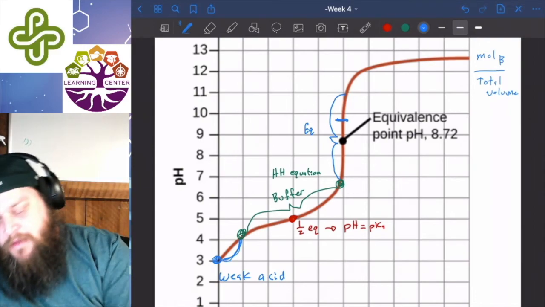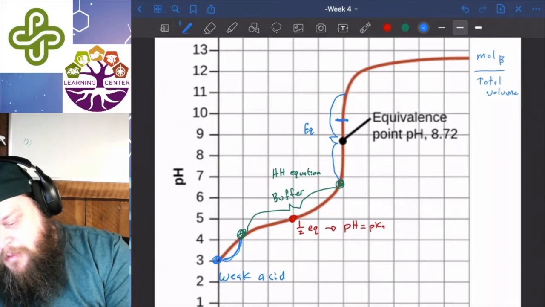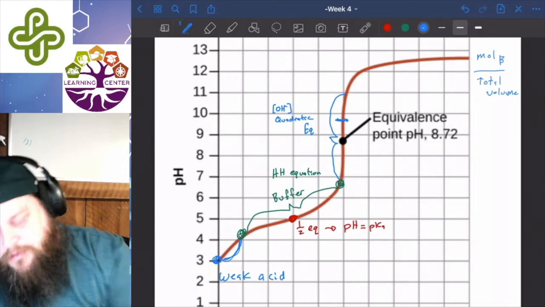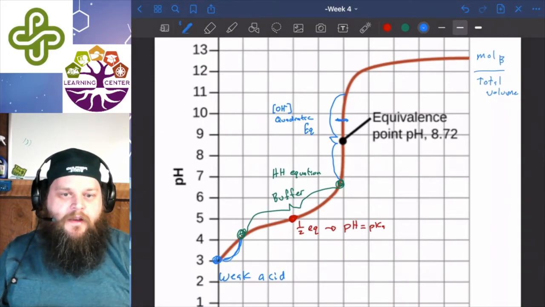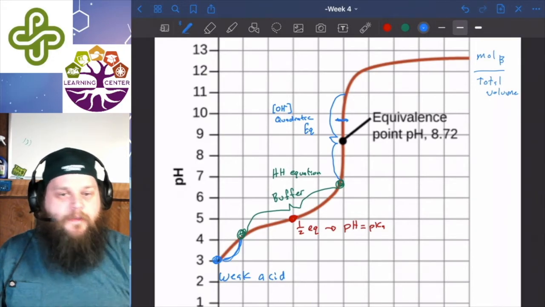But anywhere within that little small region there is our equivalence point. At that point, you would want to use your OH minus quadratic. And that'll tell you the concentration of the base. And from that, you can find the pOH, subtract that from 14, and get the pH.